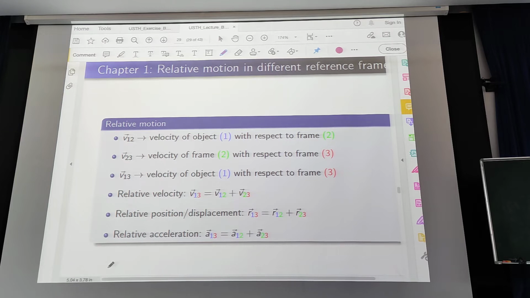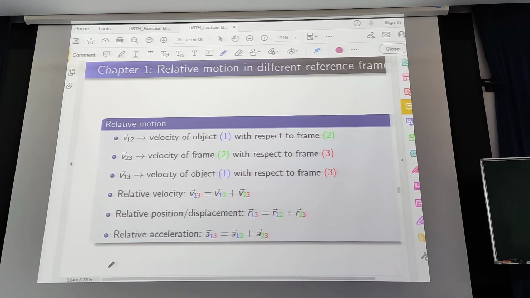I already gave you a lot of examples. For example, we are sitting on a train and the train is moving. So we are at rest with respect to the train, but you are moving with respect to someone standing on the ground. So it depends on the reference frame.